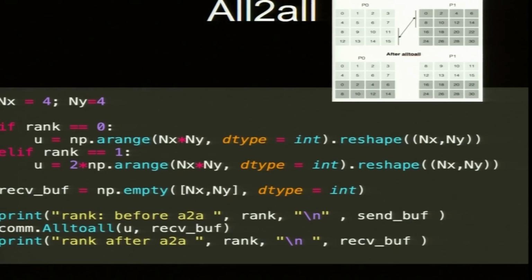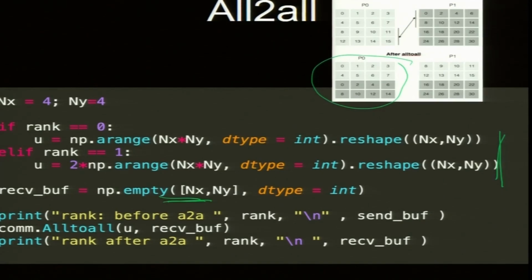So, all to all is very similar to what we did before. You create these arrays and then you send. The receive buffer I create as nx by ny. So, the receive buffer is the same size as before.